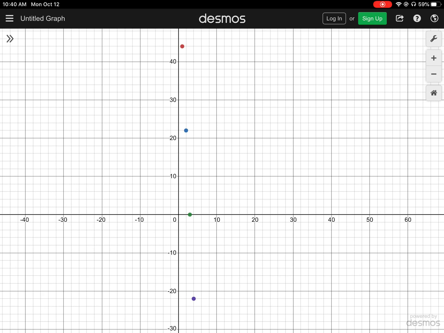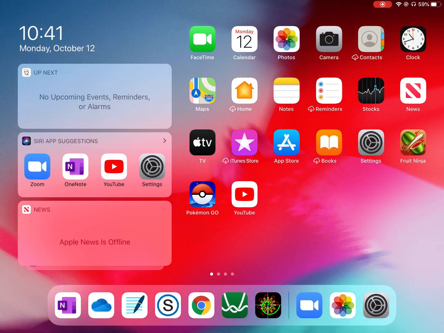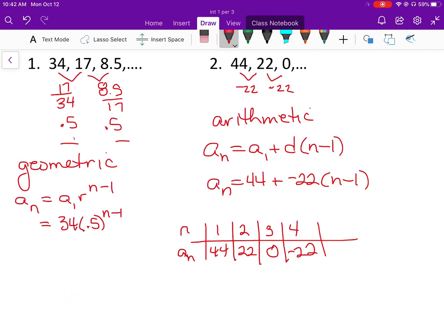What do you think the slope is for this line? Slope is the rate of change. What would be the slope of this line? Down 22, 1. So our difference is like our slope, and that's going to come into play for today. Okay, keeping that in mind. The common difference on an arithmetic sequence is very much like a slope.